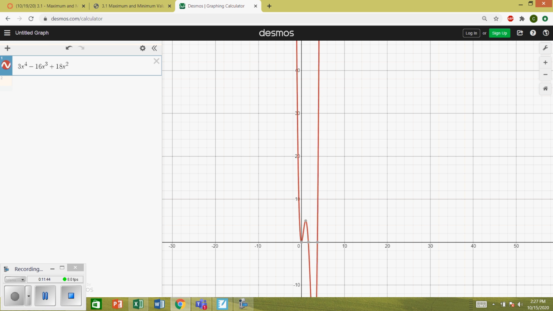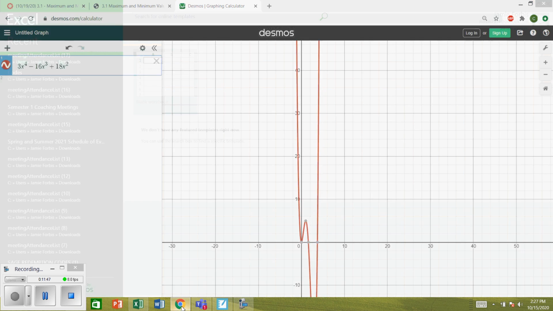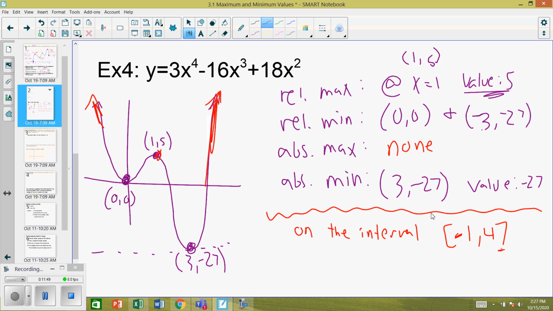So it's 432 at 4 and 37 at negative 1. So let's go back. Let's say that we decided to restrain this graph. Right here and right here, it looks like it goes from negative 1, where the value is 37, and up to 4, where it goes to 432.